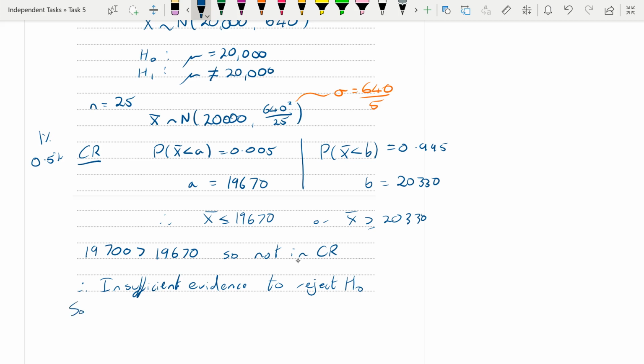So I'm going to say, so insufficient evidence to suggest the mean lifetime has changed. Okay, I could go into a bit more depth to say that it's the mean lifetime of the 16 watt energy saving light bulb, but that would be enough to get me the mark.